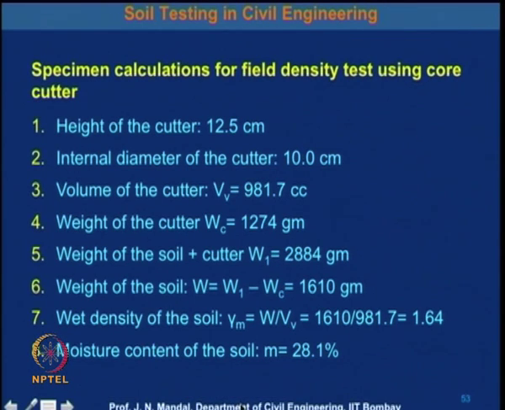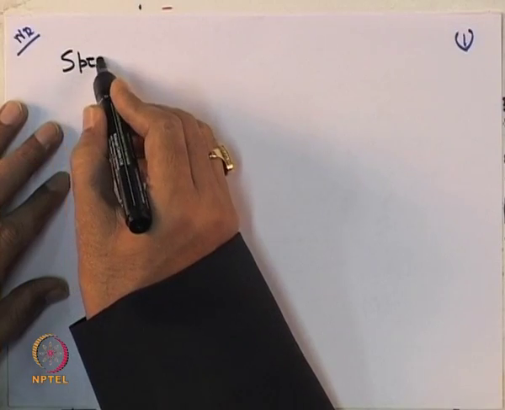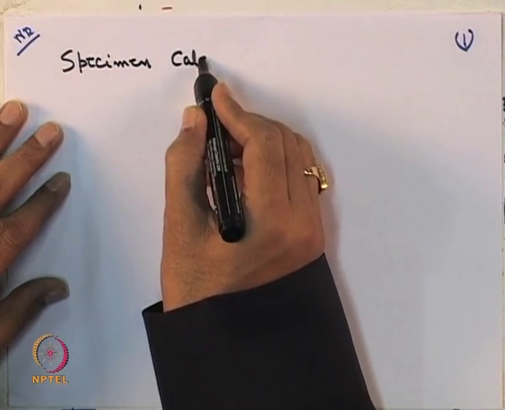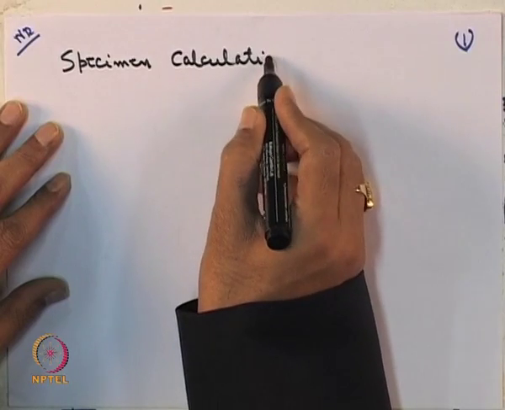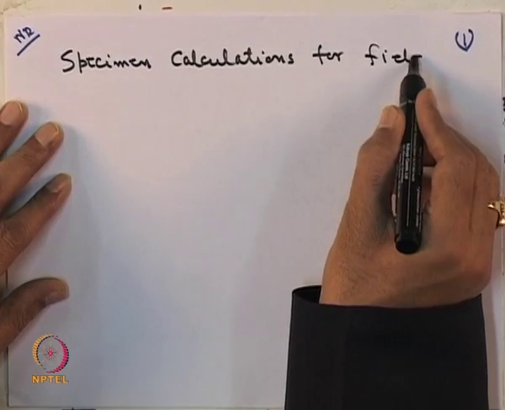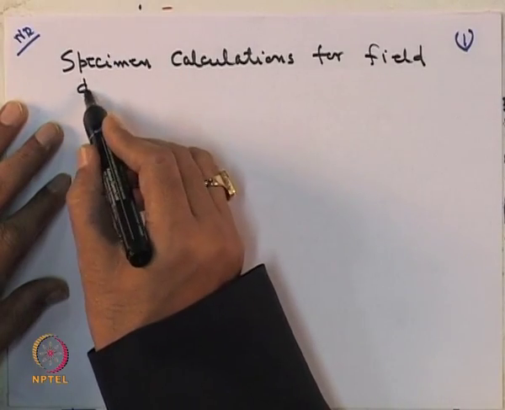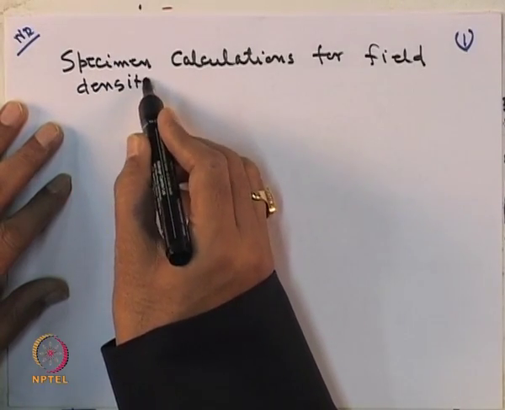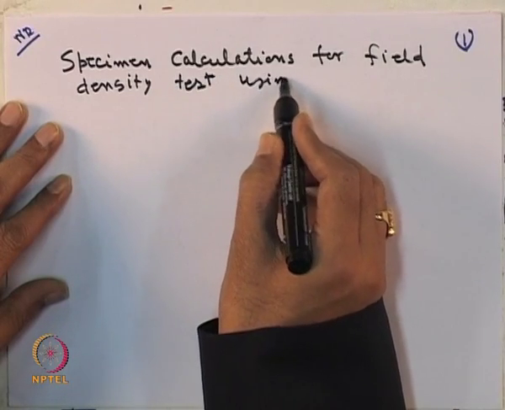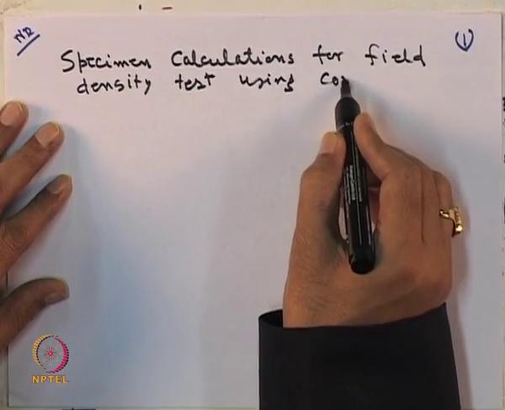Now I will show you some specimen calculation for the field density test using the core cutter.